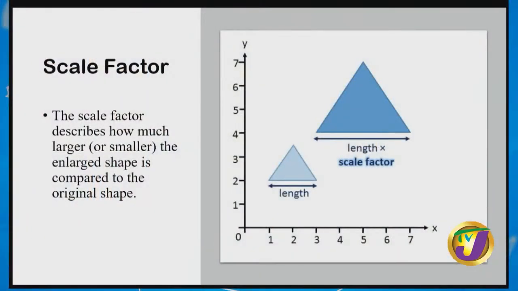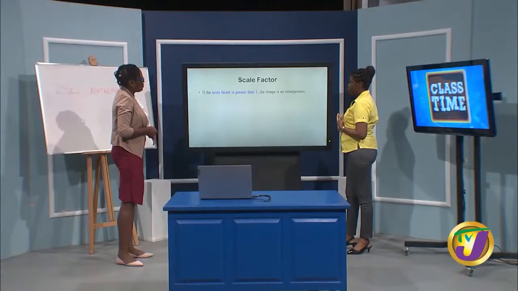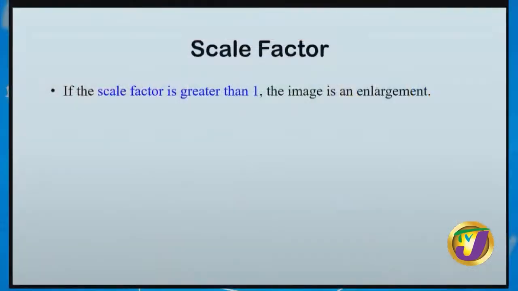So we must see what the question is asking us to do. Is it asking us about the image or the object? We have to pay attention to that. Let's talk more about the scale factor. Here are some points to note. If the scale factor is bigger than 1, the image is an enlargement.